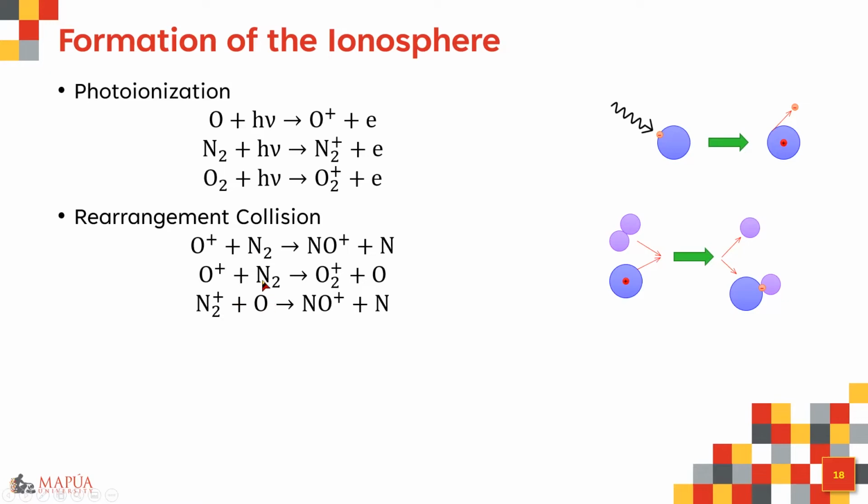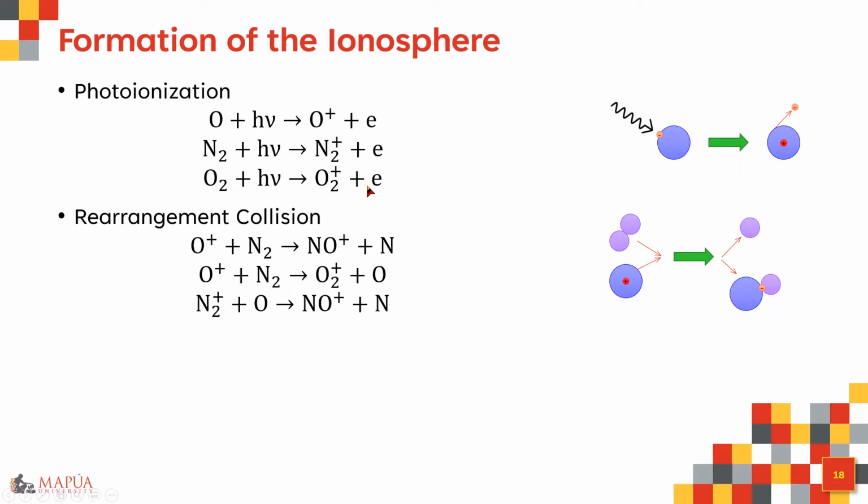Sorry, this should be O2. So O+ plus O2 equals O2+ plus atomic oxygen. And then N2+ plus O can form NO+ plus nitrogen. So this is a schematic drawing of that. This is happening due to collision, so this is energy transfer due to motion.